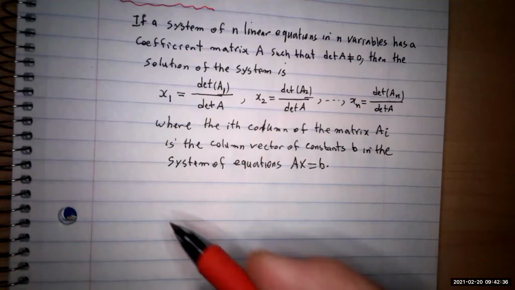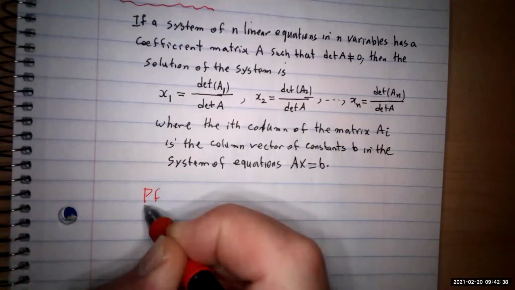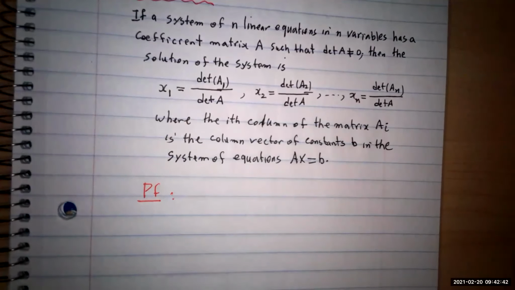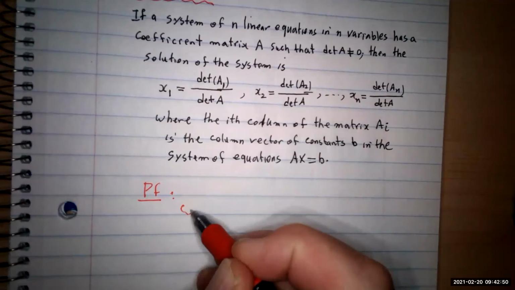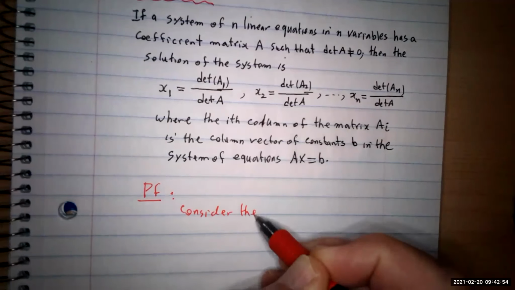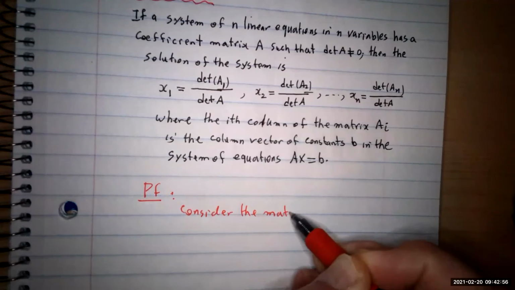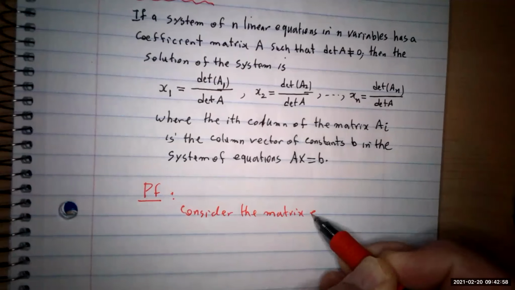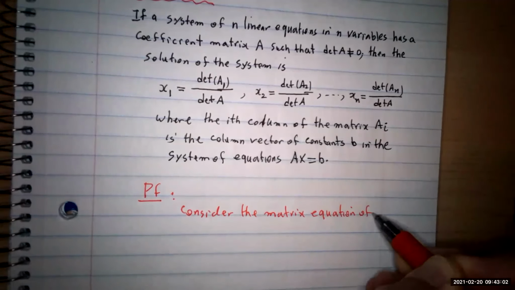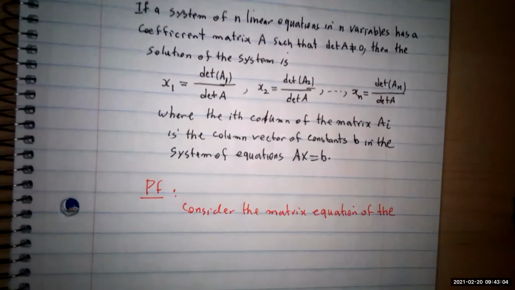You see the role of the adjoints that we talked about. Consider this system. Consider the matrix equation of the system.